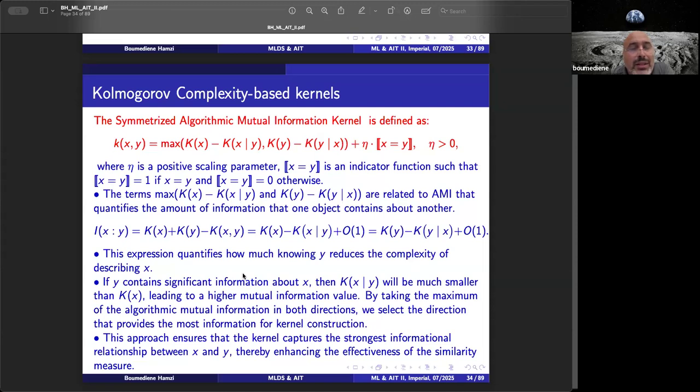If y contains significant information about x, then K(x given y) will be much smaller than K(x), leading to a higher mutual information value. Then we take the max in both directions to select the direction that provides the most information for kernel construction. So the kernel captures the strongest informational relationship between x and y, which makes it a similarity measure.